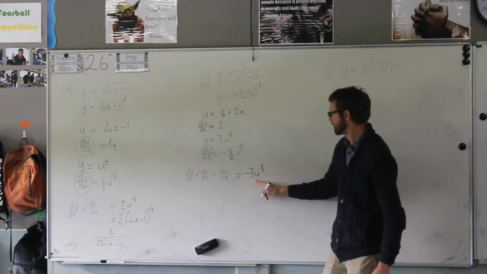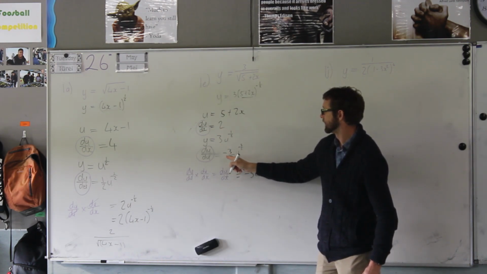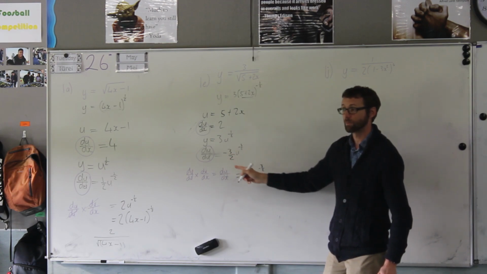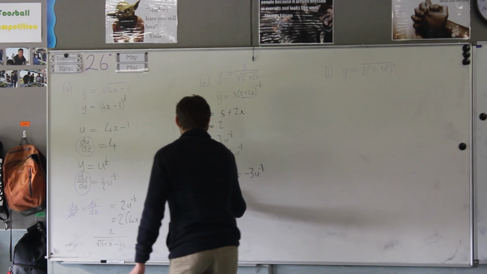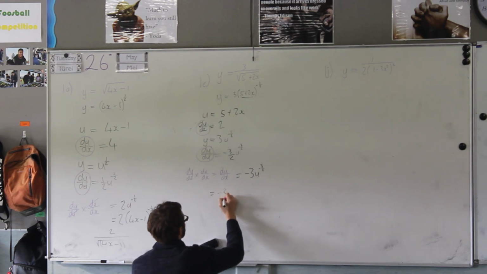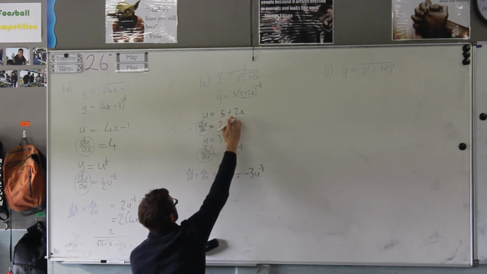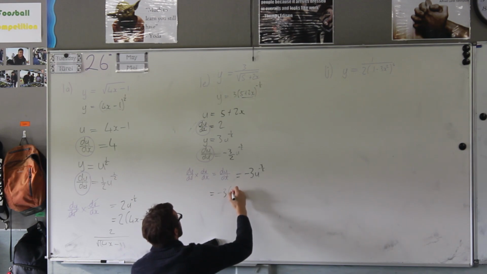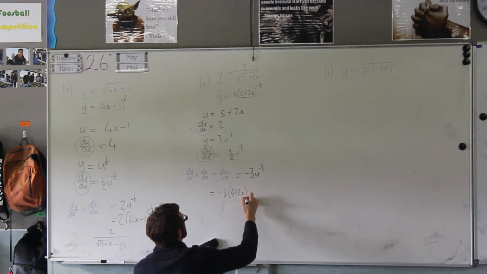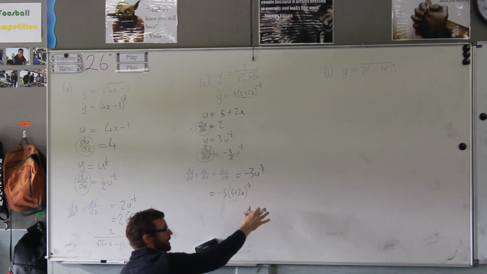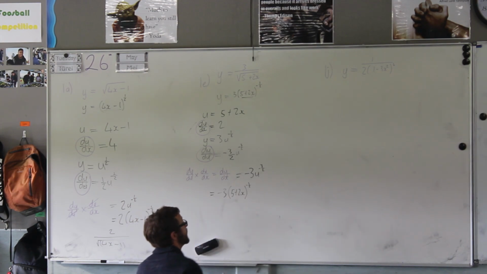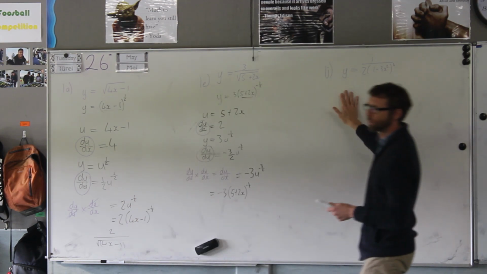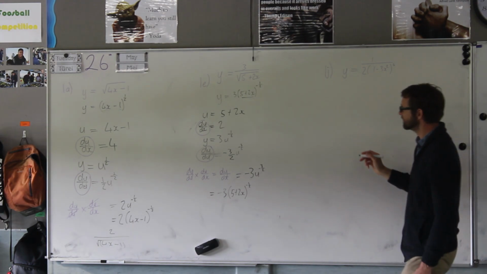Minus 3, because 2 times minus 3 over 2, the 2's cancel out, leaving minus 3, u to the negative 3 over 2. And we can simplify that because u is this here, so minus 3 times (5 plus 2x) all to the power of negative 3 over 2. I would leave it there, or I could rewrite it as a positive power underneath the fraction. I'll leave it there. One more example so you're getting the hang of this.